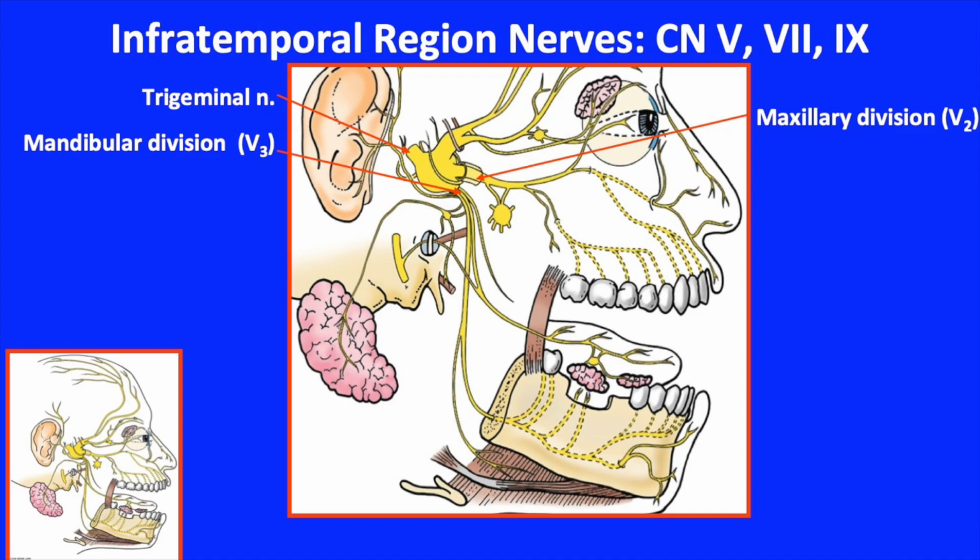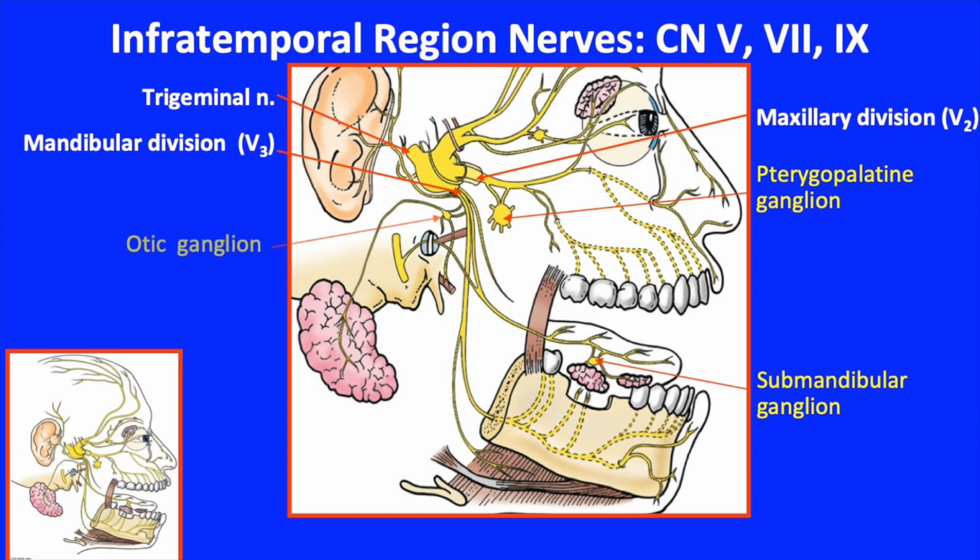Remember also that we have autonomic ganglia in the head, and three of these, the pterygopalatine, submandibular, and otic, are of importance in this region, and these receive direct general sensory components from respective divisions of the trigeminal nerve.